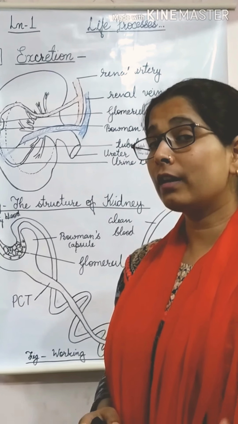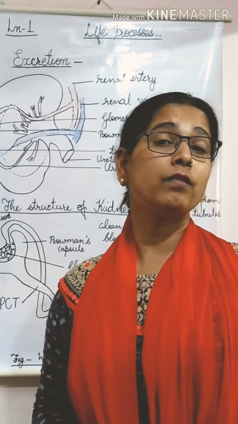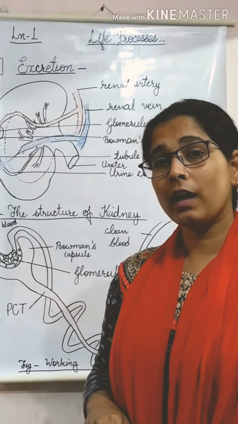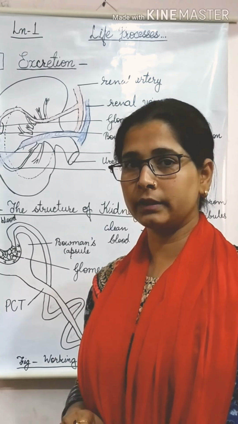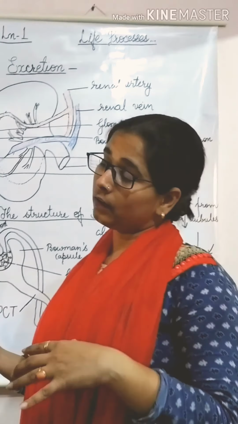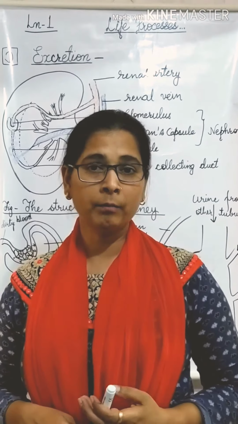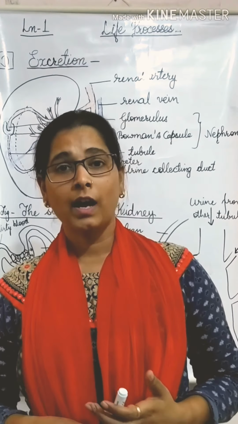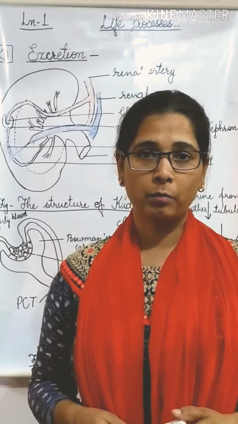As I told in the beginning, our kidney filters about 135 to 150 liters of blood, but we expel only 1.5 liters of urine per day. That means somewhere in our body, the excess water and the valuable salts which are important for our body get reabsorbed.